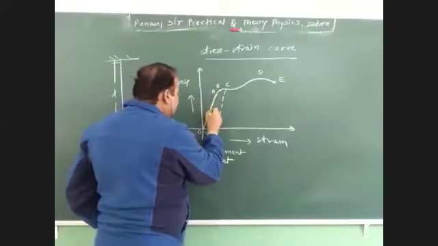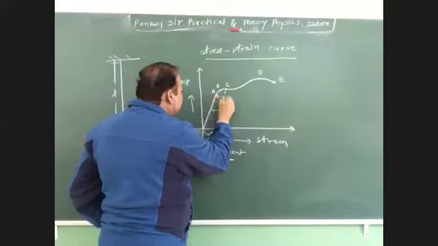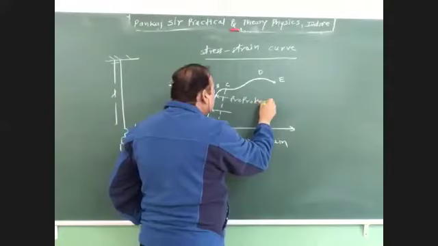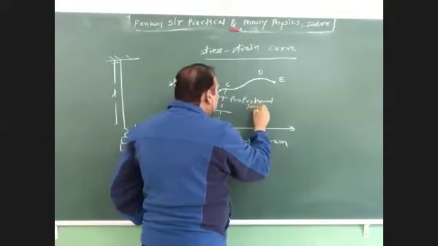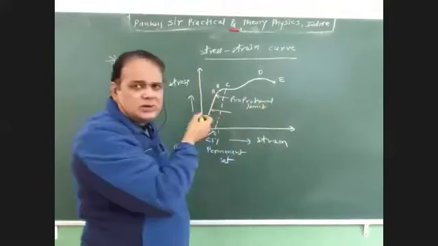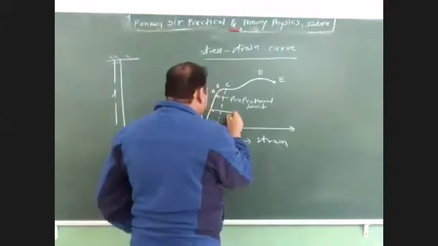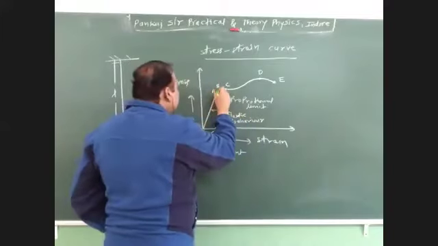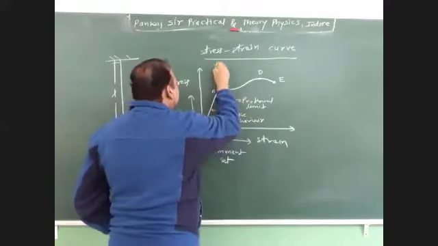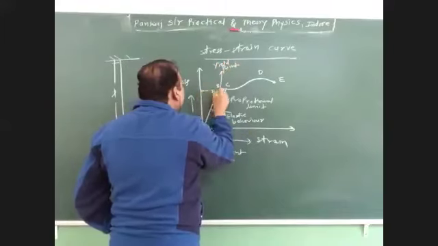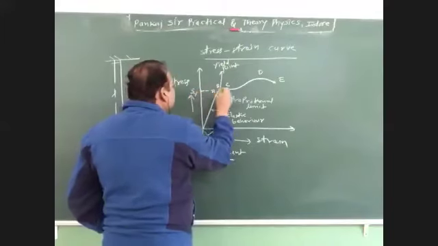So this point is known as proportional limit, and this whole portion we call the elastic range, or we can say elastic behavior. And this B is known as yield point, SY.